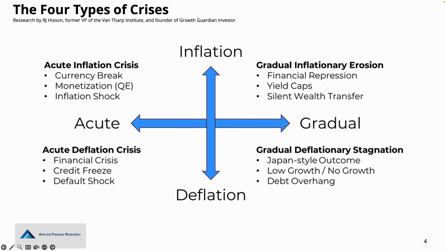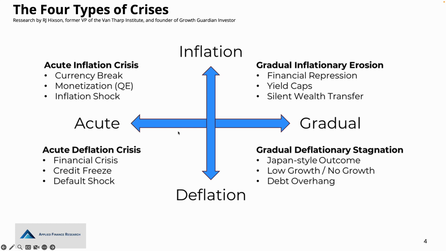A gradual crisis is the kind of thing that erodes purchasing power or growth over a period of years, sometimes even decades. So fast crises are the ones that feel dramatic and very volatile. Slow crises are the ones that feel kind of deceptive because they don't always make the headlines, even though they can have very serious impacts.